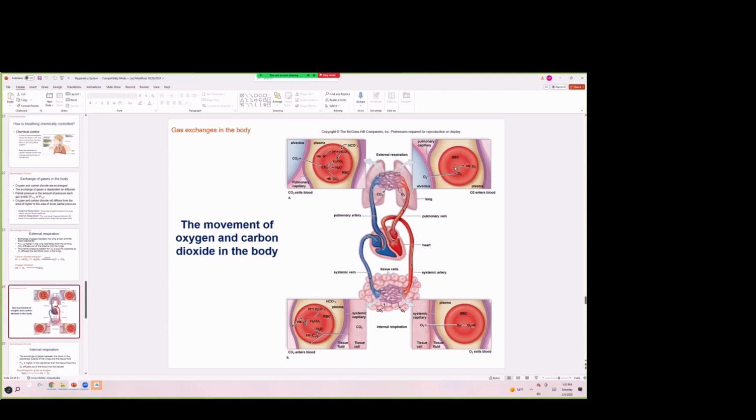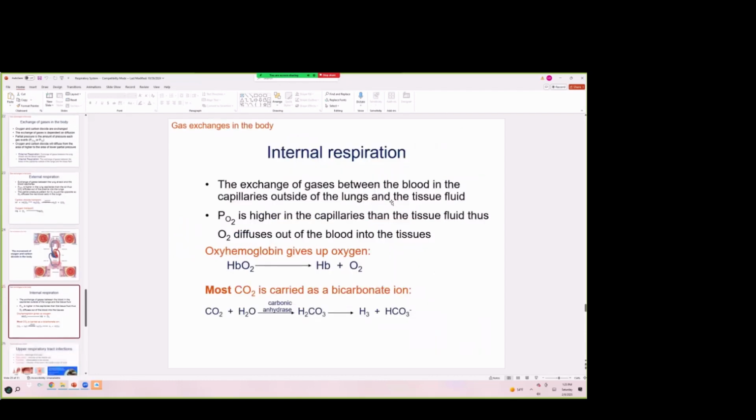Oxygen binds to the hemoglobin and is brought back to the heart in the pulmonary vein, and then it goes out to systemic circulation. So remember this diagram. Again, these are most of the ways in which oxygen is carried.